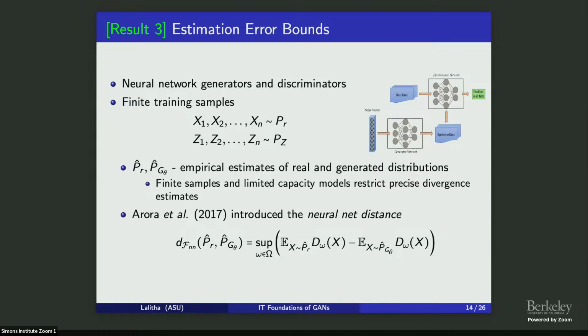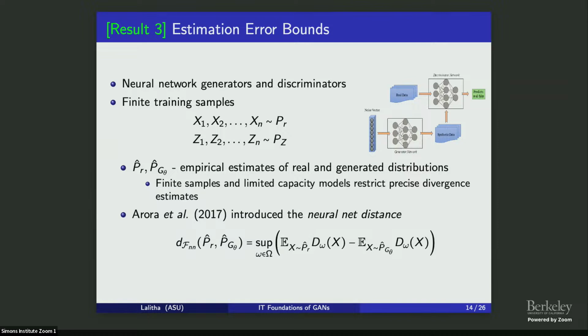So what they said is effectively, we need to have a better estimate of how close these two distributions are to one another. You still want to estimate how good a GAN is, but you no longer have an infinite number of samples or infinite capacity of your models. So what they did in this setting was they introduced a notion called neural network distance. And what that is is the following. All right, so this is their definition.